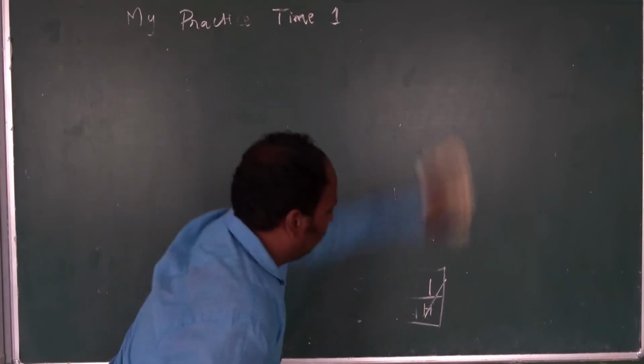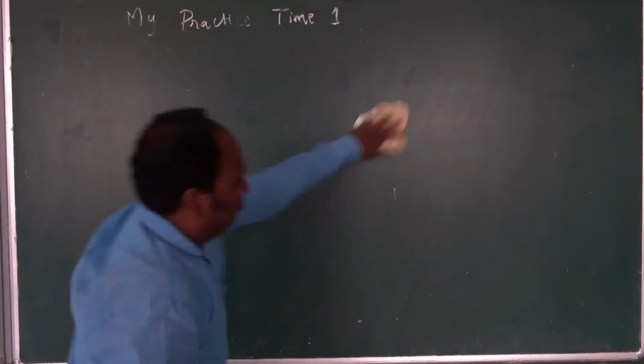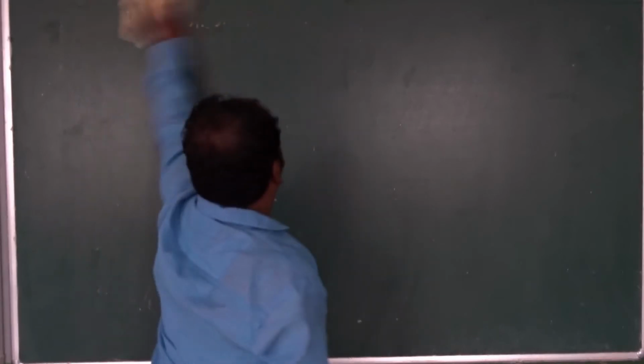Add the following. We add 2 3-digit numbers. C part.